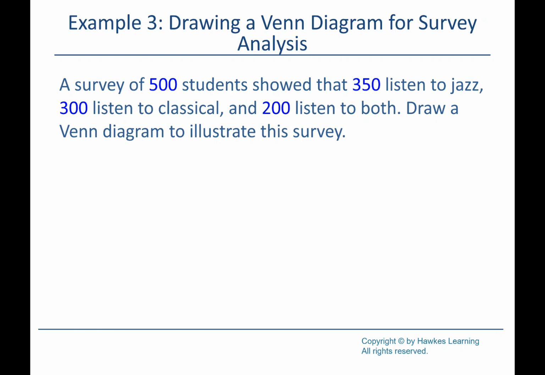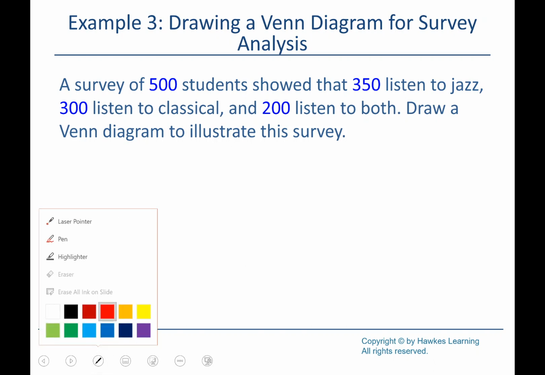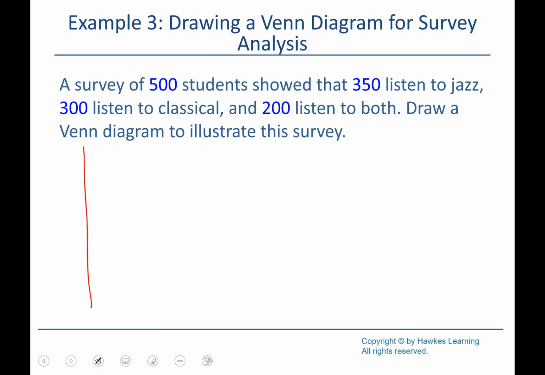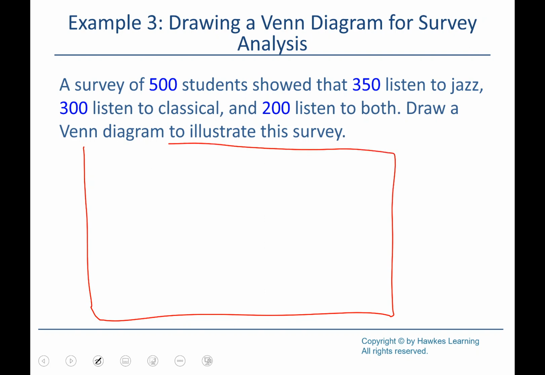We are going to make our box. Okay, that's our universal set. And then how many circles do we need? All right, so how many categories of music did we have? 2. We need one for jazz, we need one for classical.